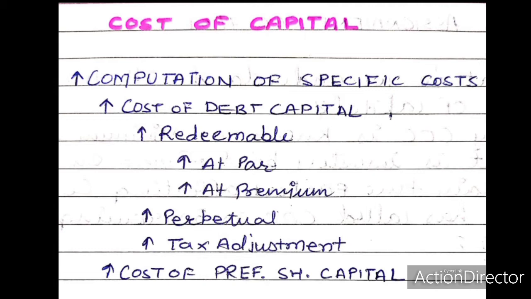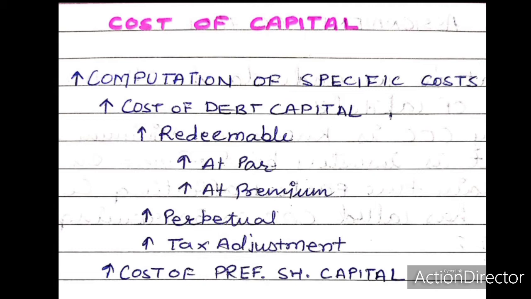But to know the real cost of debt, the relation of interest rate is to be established with the actual amount realized or net proceeds from the issue of debentures. The net proceeds from debentures and other long-term loans are equal to the issue price of the debenture or amount of loan minus all flotation cost.